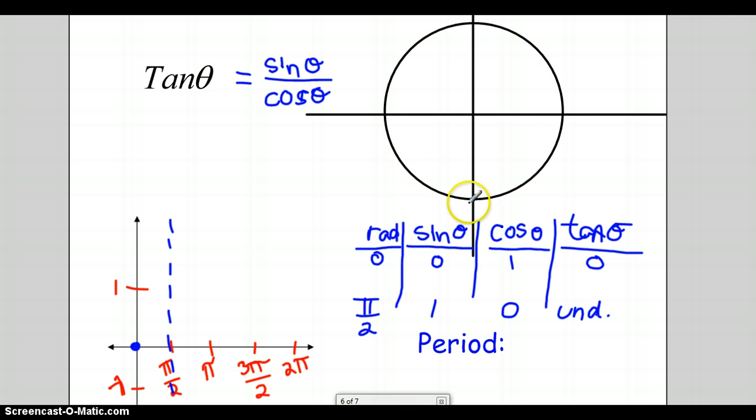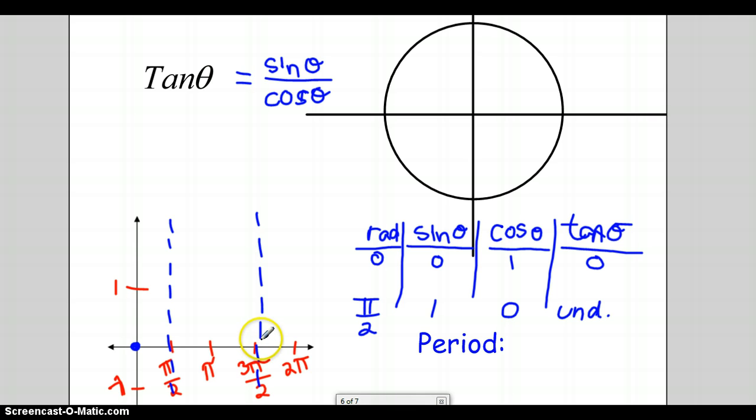That means I'm going to have a value for sine, a value of 0 for cosine, and I divide those and I'm going to get undefined. So that means that every pi over 2 interval, we are going to have this asymptote approach. Okay, we're going to have it come in. So now every pi over 2 units, I have an asymptote. Great, so now that's there.